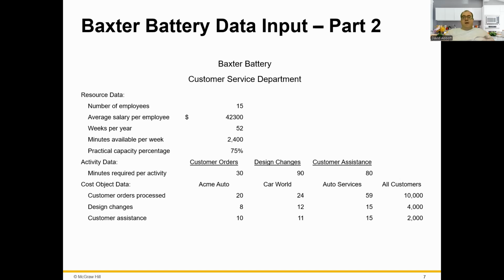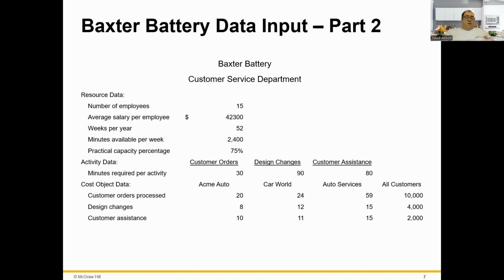Then the activity data, based upon that, they have the minutes that are required for each activity. That's why we broke it down into minutes. So the number of minutes it takes to process a customer order is 30 minutes. It takes 90 minutes to conduct a design change, or we spend about 80 minutes of our time providing customer assistance. And then we can break it down.